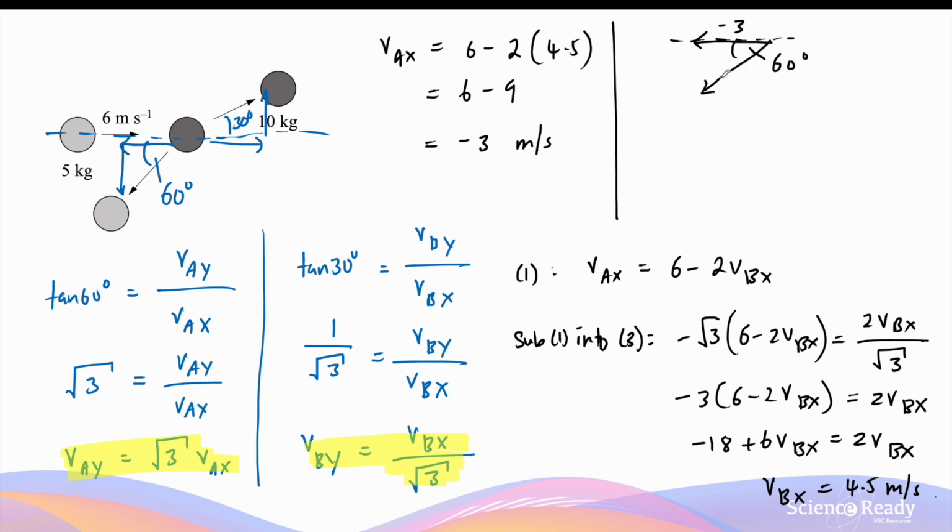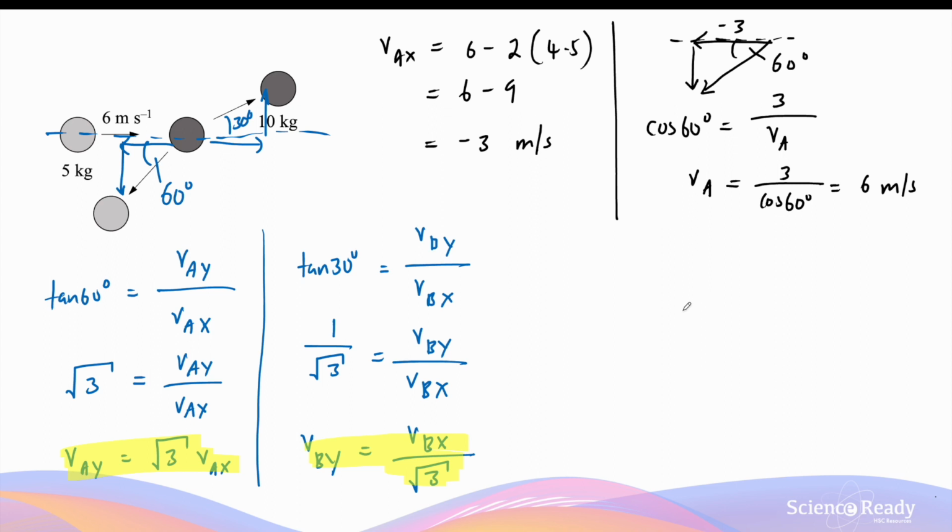So to find the hypotenuse of this vector triangle, I can say that cosine 60 degrees is equal to 3 divided by VA, where VA is the final velocity or speed of the 5 kilogram ball. So VA is equal to 3 divided by cosine 60 degrees, which equals 6 meters per second. This is the final speed of the 5 kilogram ball.